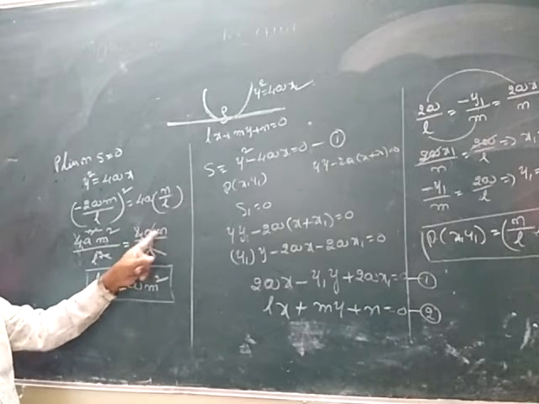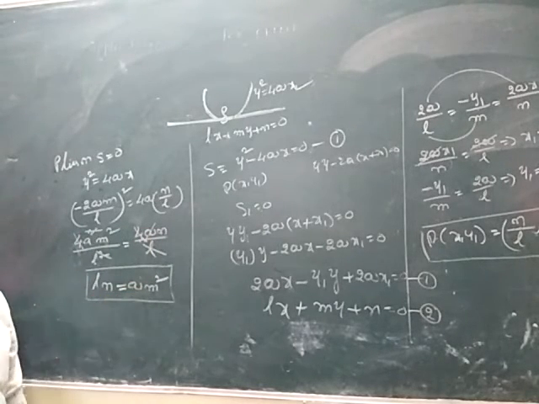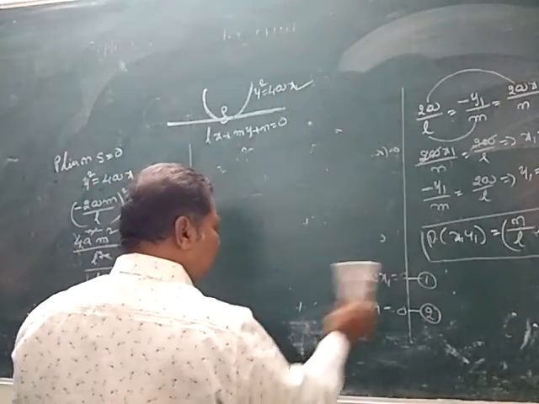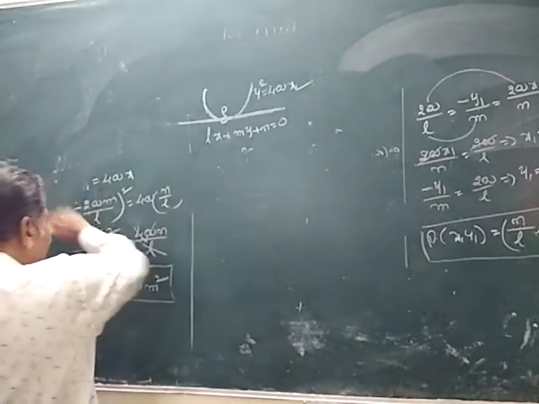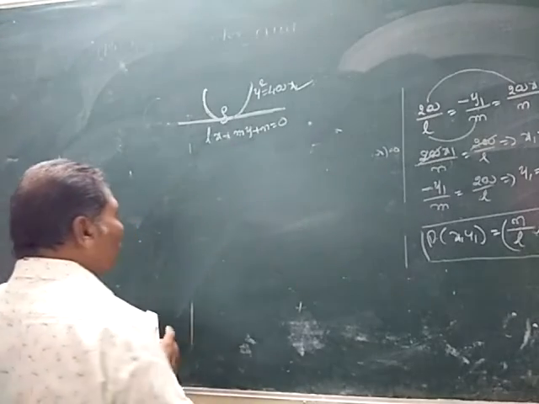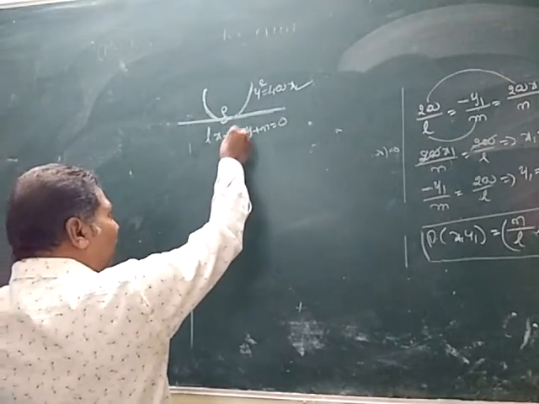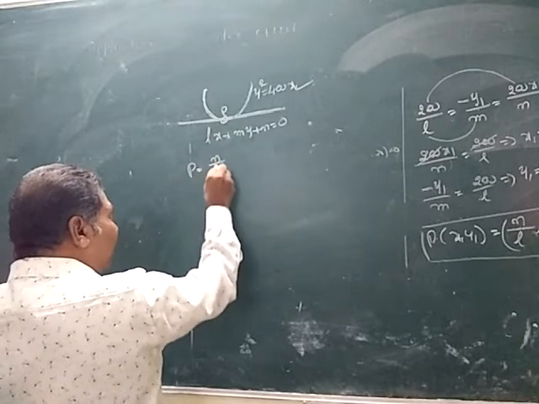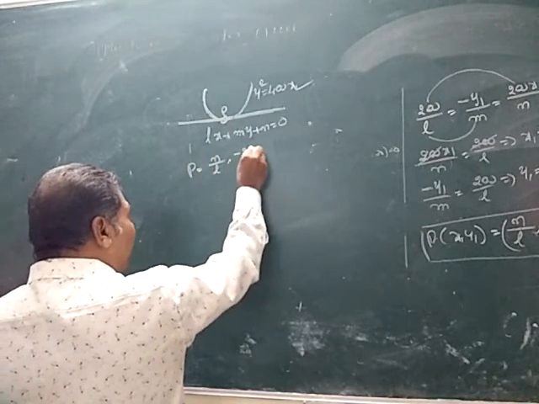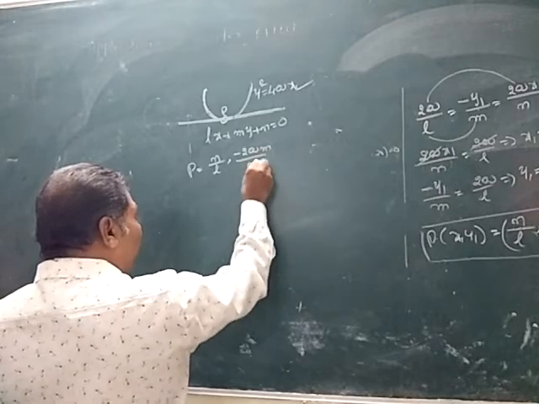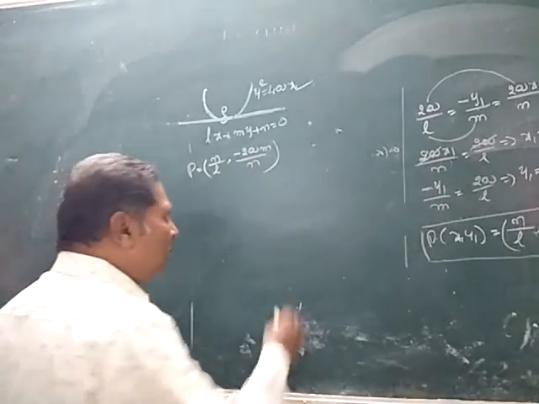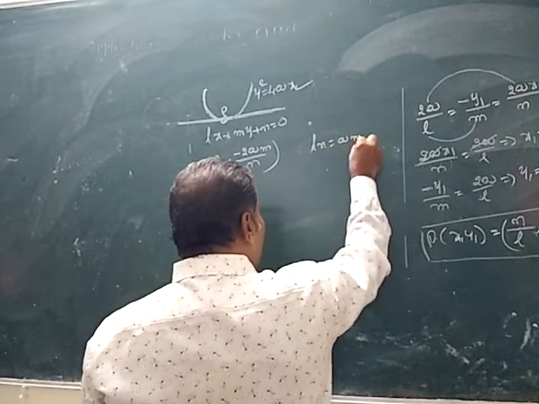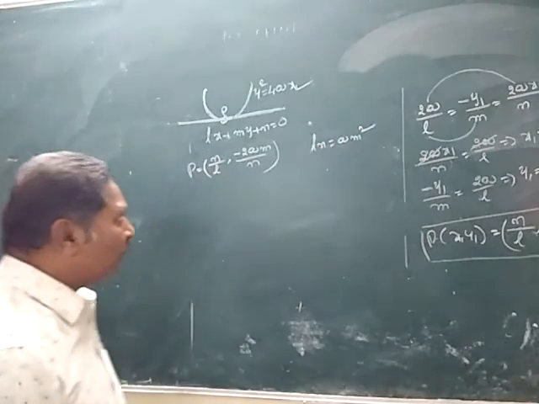So Ln equal to am square. This line touches the parabola. So point of contact is n by L, minus 2am by L, and the condition is the tangent condition, Ln equal to am square.